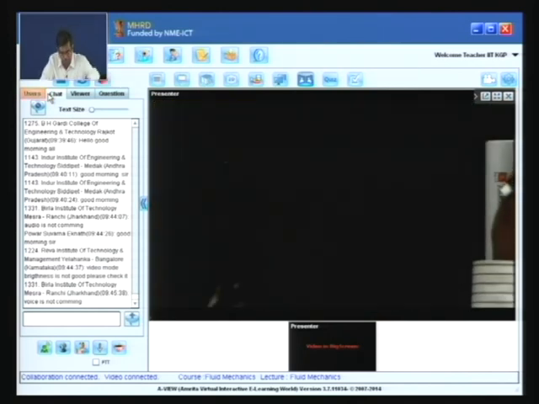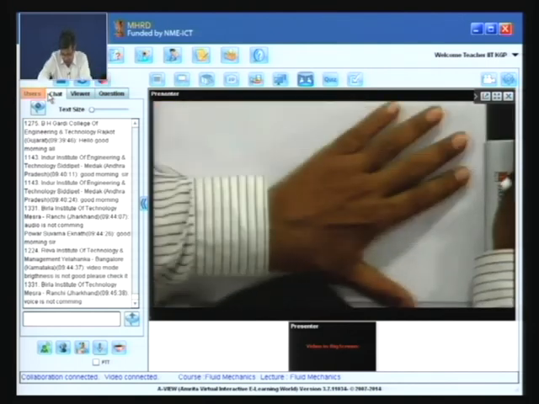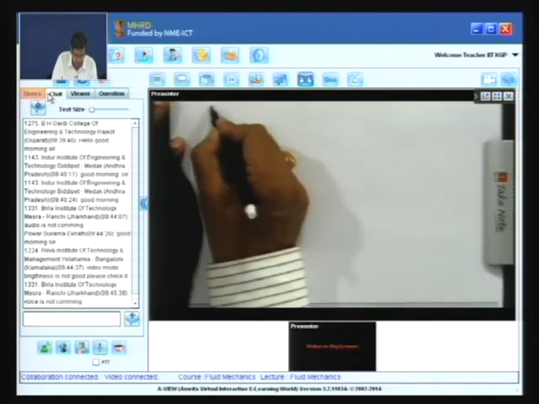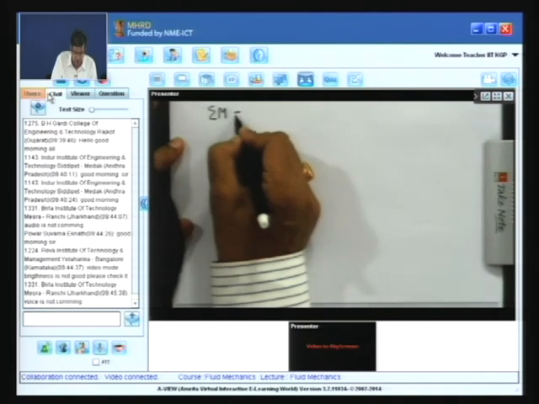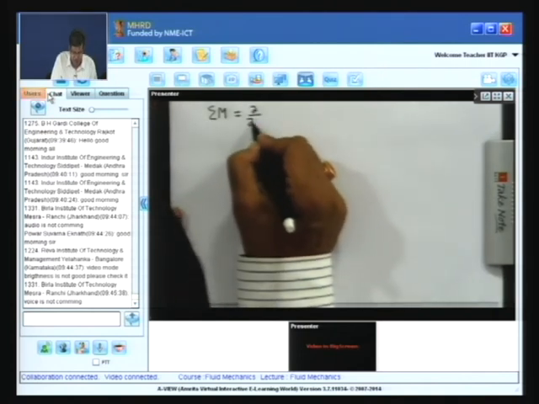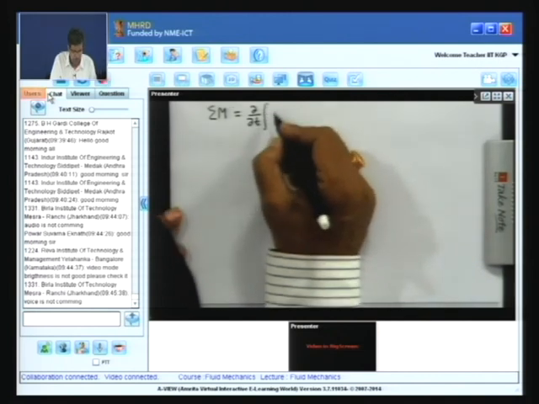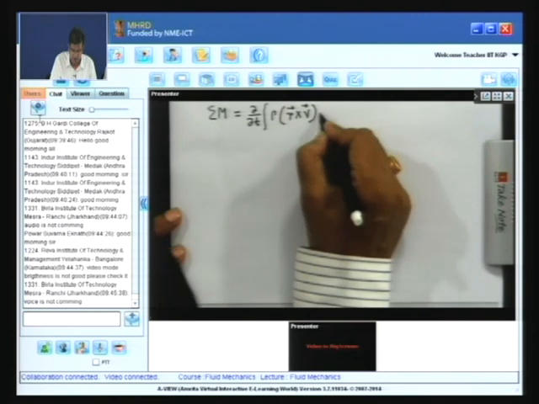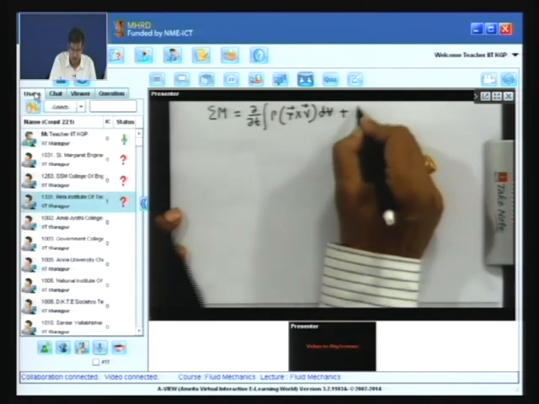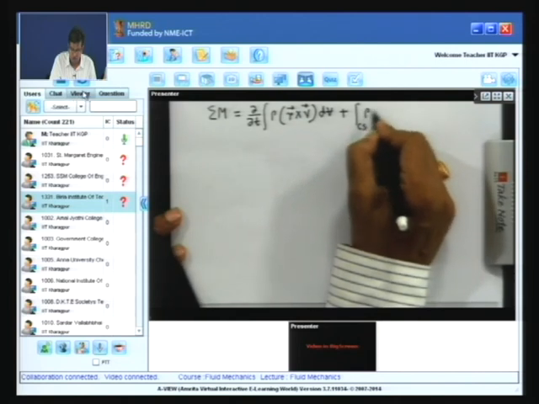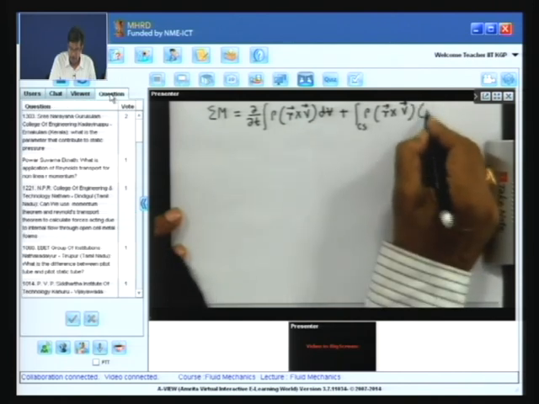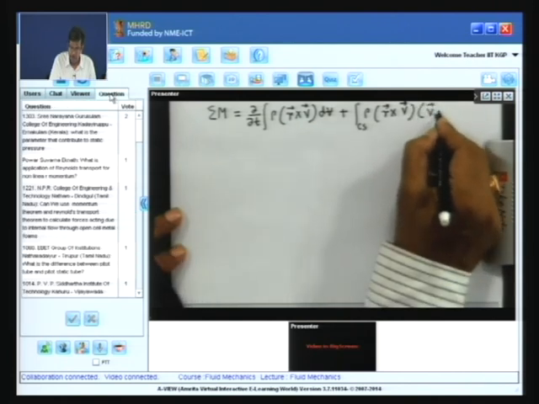Okay. Now, I write it again. Therefore, this expression becomes sigma M equal to del by del t of the integral of rho r cross v dV, plus, over the control surface, rho r cross v times V_r, that is the relative velocity, dot n dA.